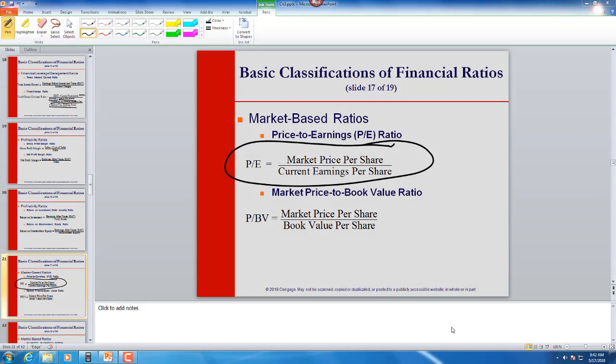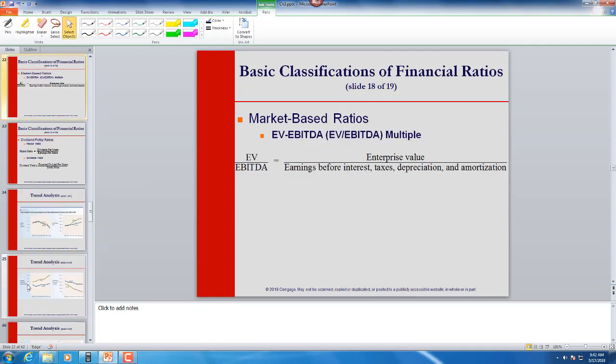The higher this is, the more valued the company is in the eyes of the stockholders. And this is another one which shows how much your company's value increased compared to its book value. This is the EBITDA ratio.